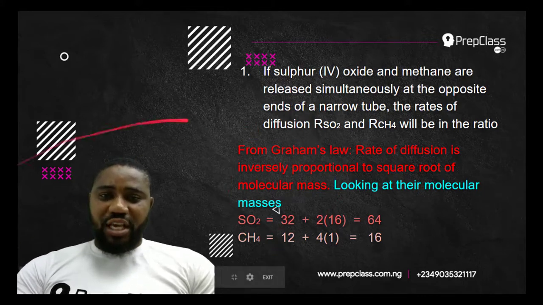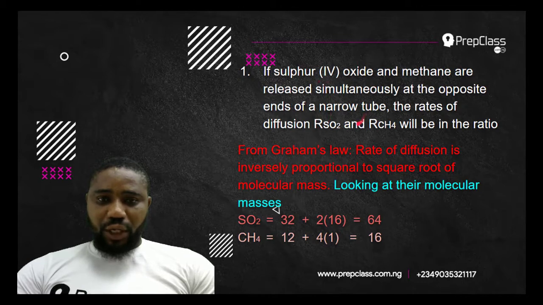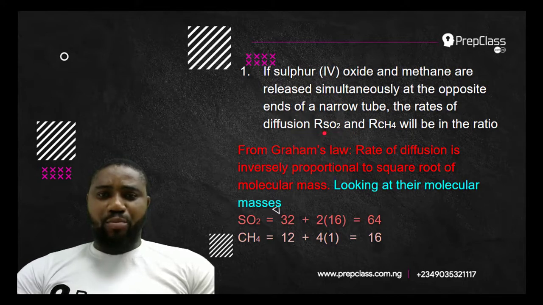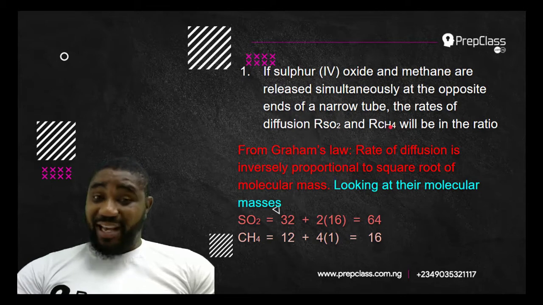Now, they didn't give you the atomic masses. Sulfur oxide contains sulfur and oxygen, and they are supposed to give you the atomic masses of sulfur, oxygen, and carbon. They didn't, but at this level, they expect you to know if you've been solving chemistry.